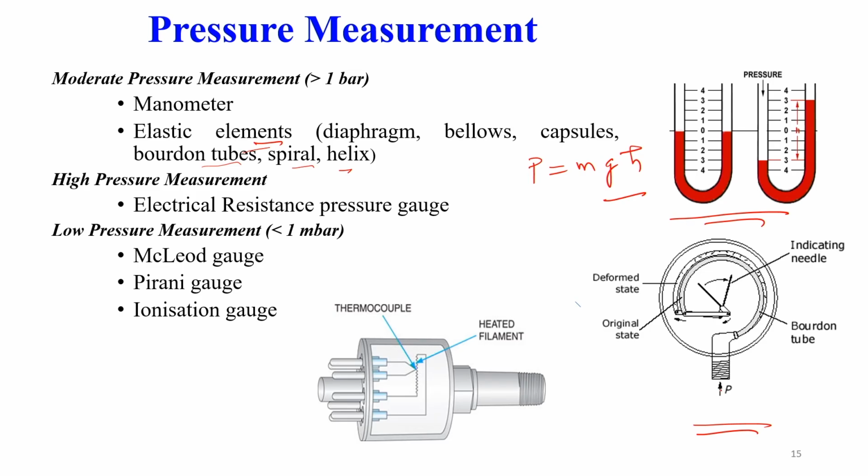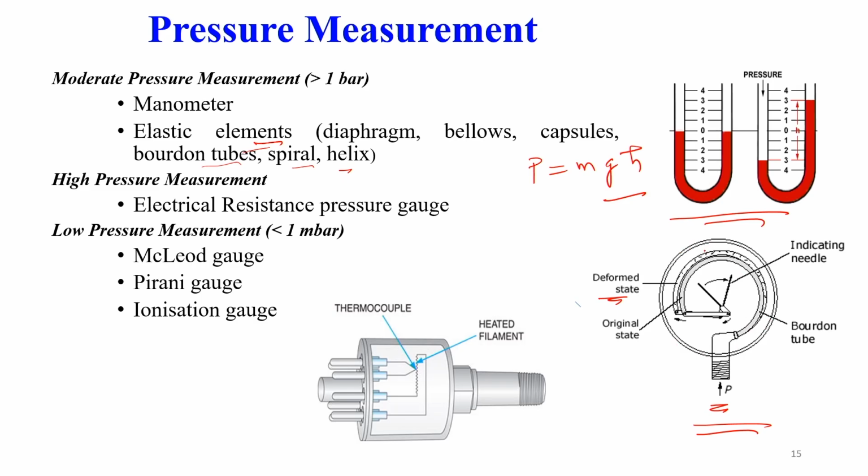It is connected to the pressure, and when you apply the pressure there is a deformation in the Bourdon tube. When it is deformed, the tube is connected with a pointer, and the pointer changes its position on a reading dial.